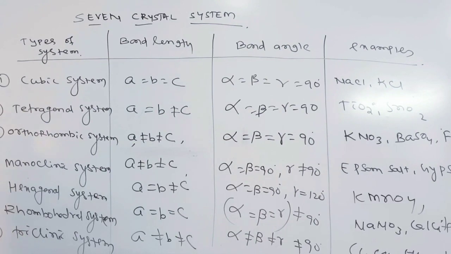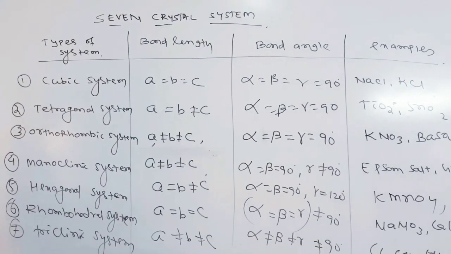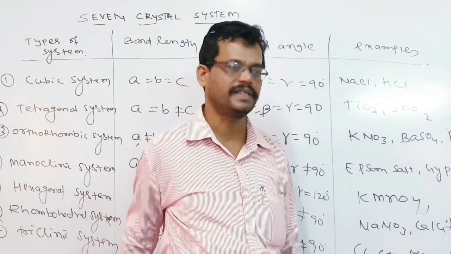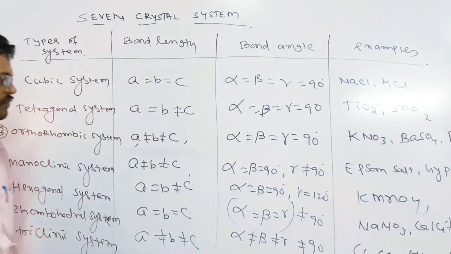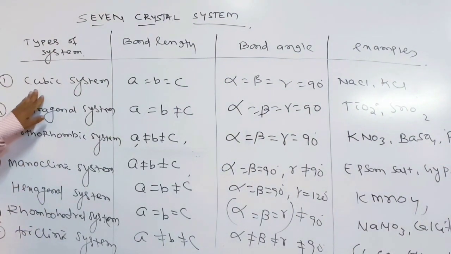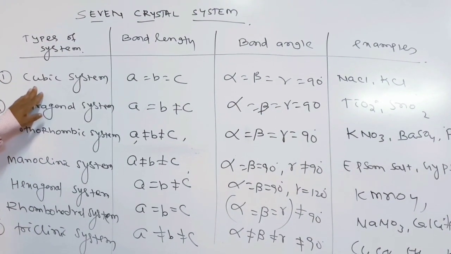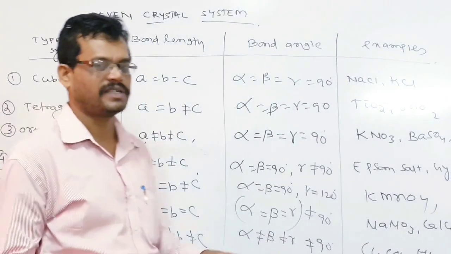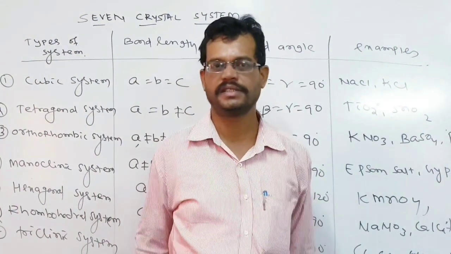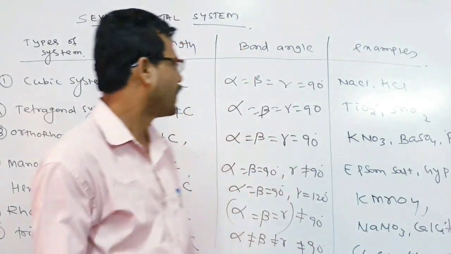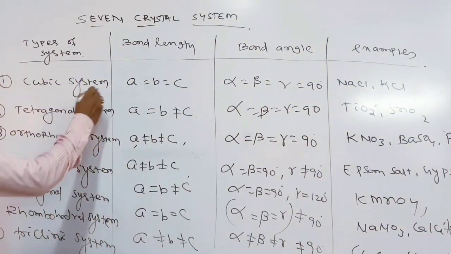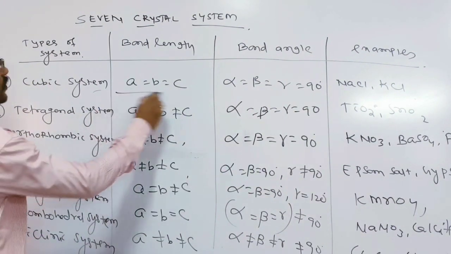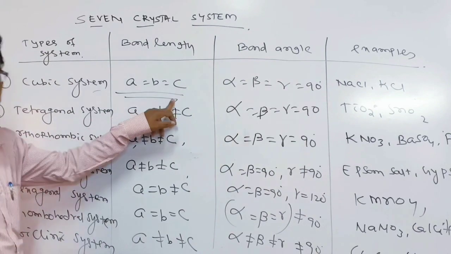We have the 7 types of crystal systems depending upon the different parameters of our unit cells. Among these 7 different types of crystal systems, the most simple is the cubic crystal system. The cubic crystal system is very simple and systematic, where the unit cells are arranged in a particular order, and the bond lengths are all equal, that is a = b = c.